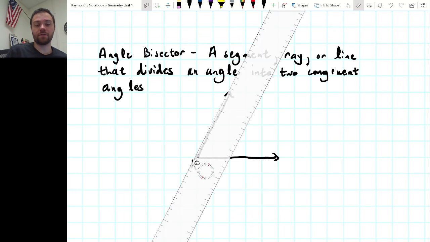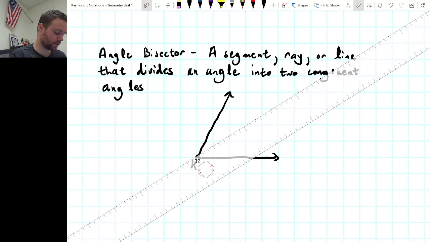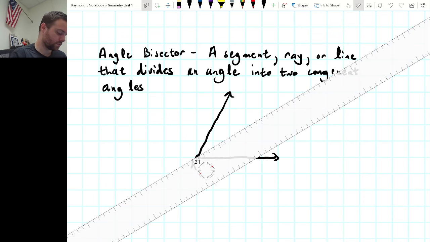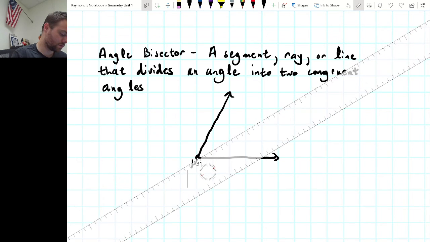So half of 63 is going to be 31.5. So I'm going to go down to 31, just a little over 31. And what you'll find is that, let's undo that.